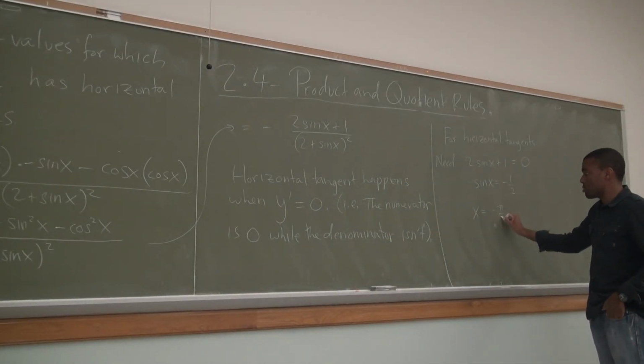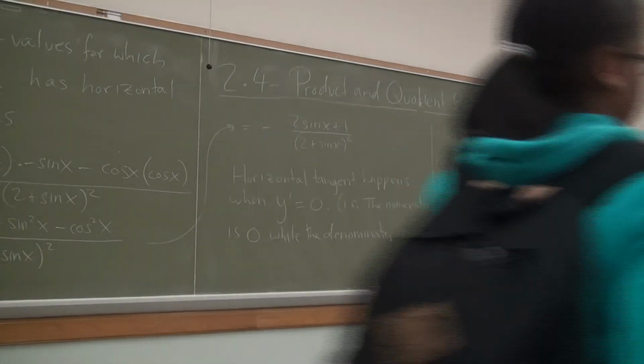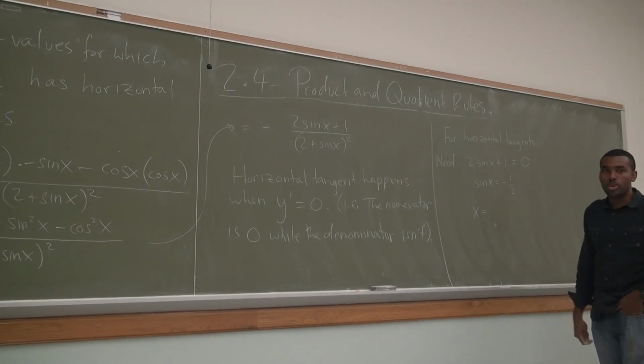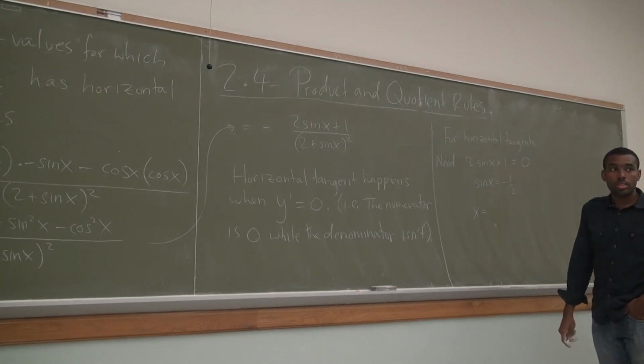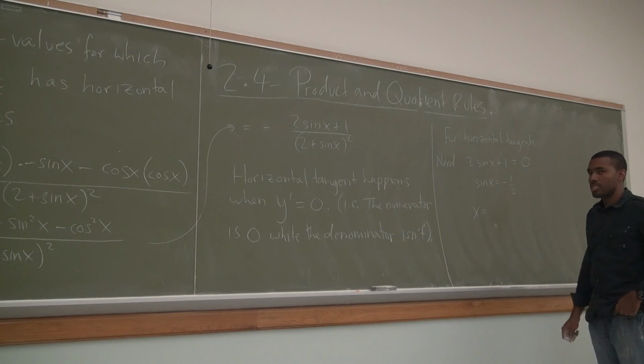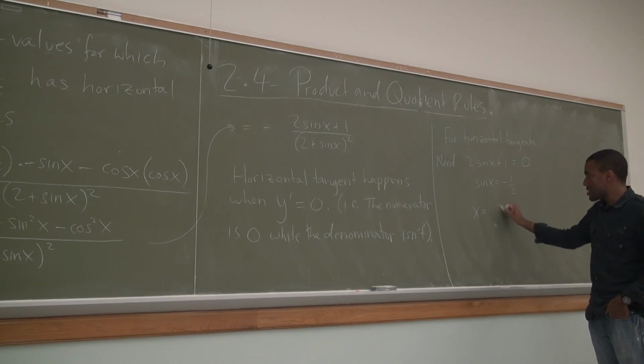Minus pi over 2? That's not right. What is the answer? Where is sine equal to a half? 30. We're calculus students, we're thinking radians. It's pi over 6. Minus pi over 6 is negative.